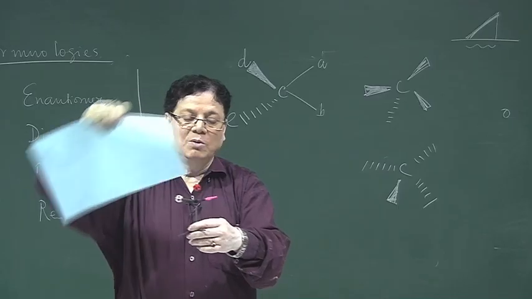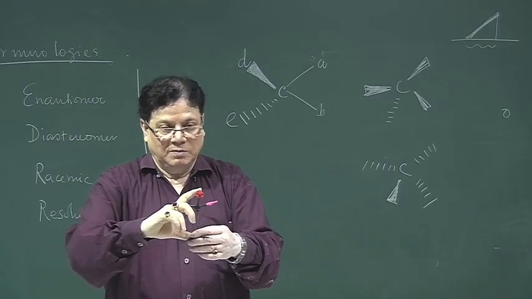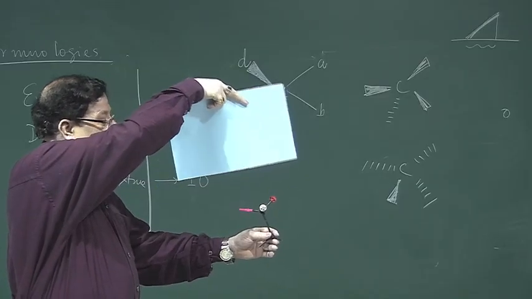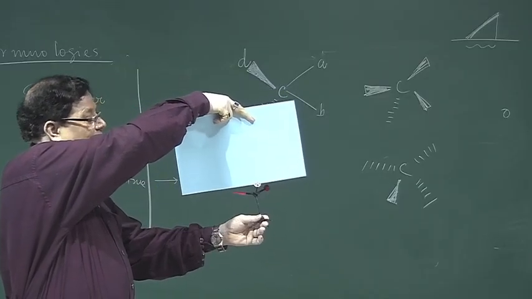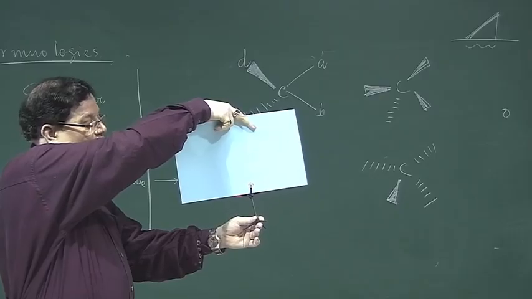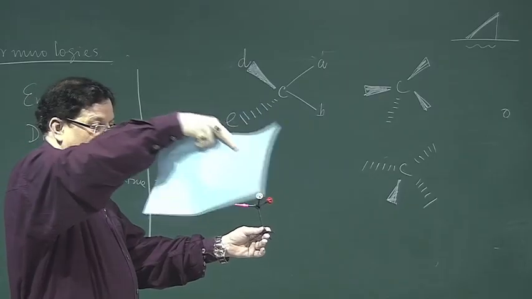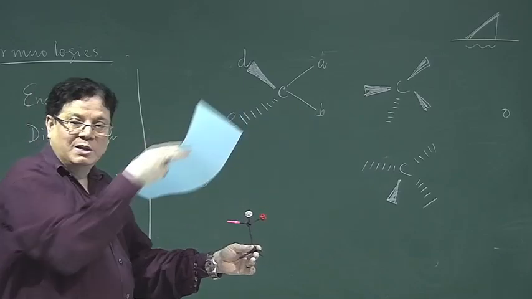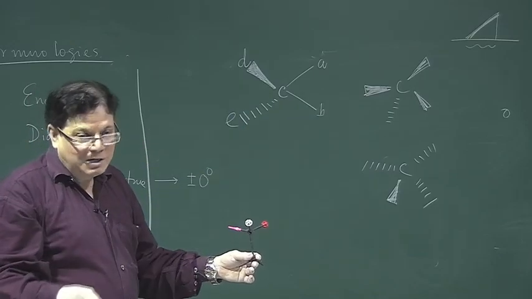So, what happens now? If I am looking from this side and this is my reference plane, 2 bonds will be towards the observer and 2 bonds will be behind. That is the first thing.